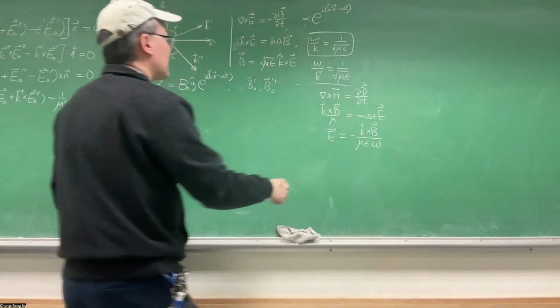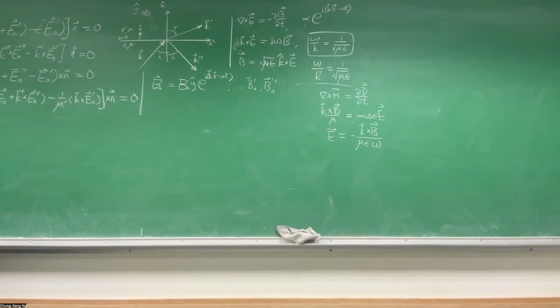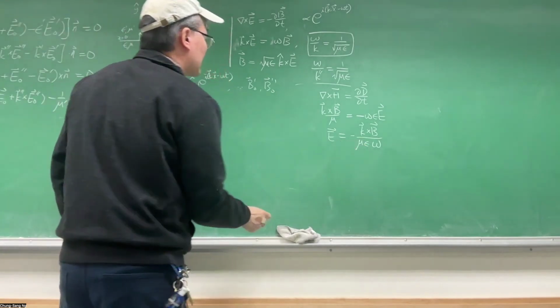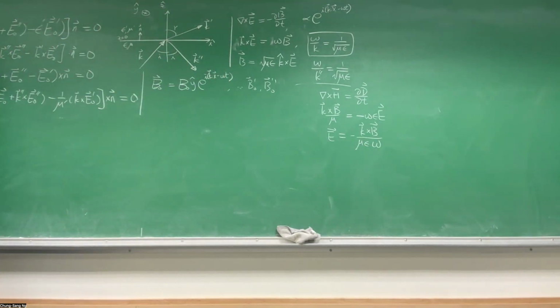And omega is the same for all the waves, so it's just proportional, right? So basically k cross B.